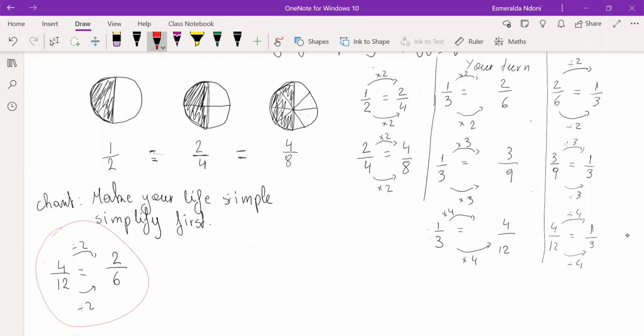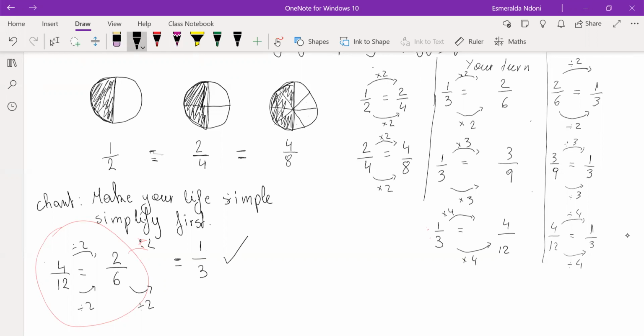However, I haven't simplified fully because 2 6ths can be divided again by 2. So 2 divided by 2 is 1, and 6 divided by 2 is 3. So this would be the correct answer for 4 12ths and not 2 6ths.